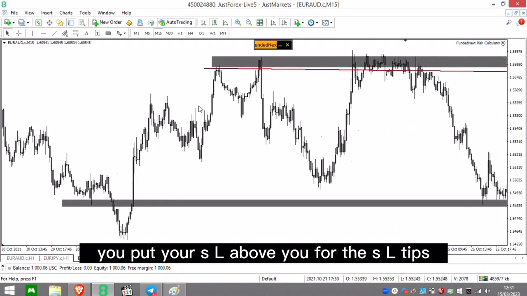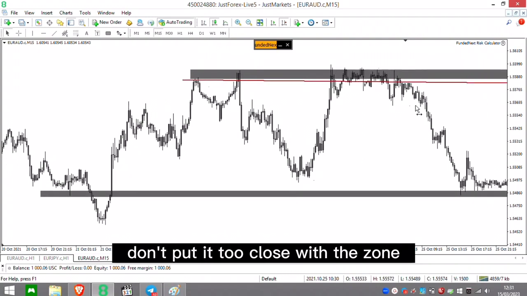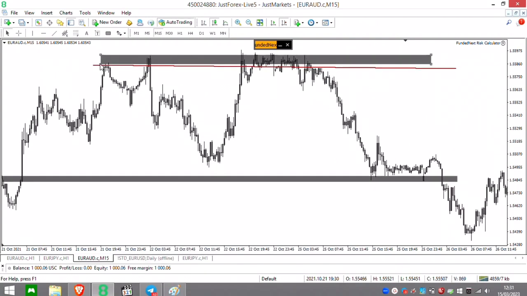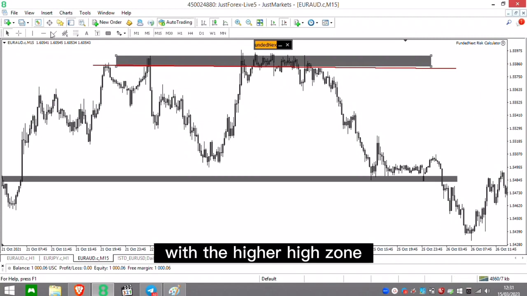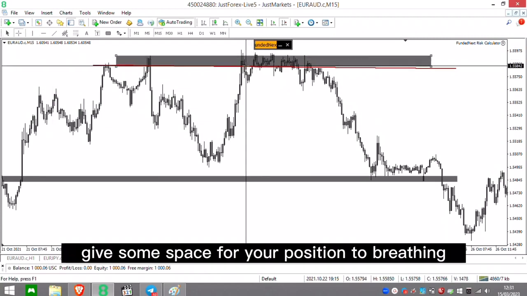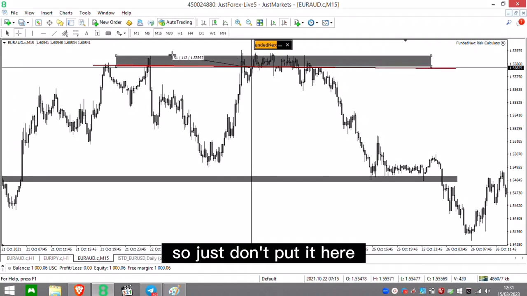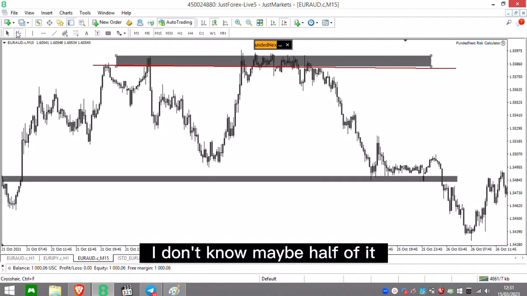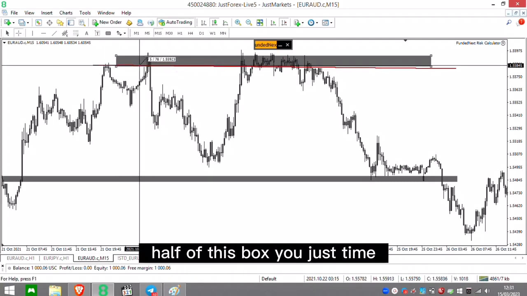For the SL tips, don't put it too close with the zone, with the higher high zone. Give some space for your position to breathing. So just don't put it here, just give some space. Maybe half of this box.